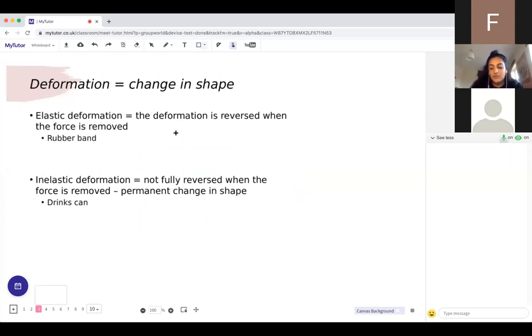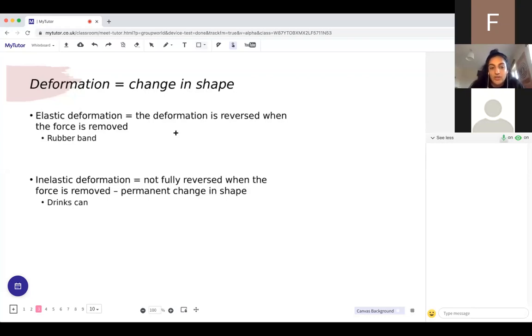We call it a change of shape, but the more formal word for changing shape is deformation. Deformation doesn't mean it gets damaged, as you might think from the word. It's not going bad, it's not wearing down, it's just changing shape.